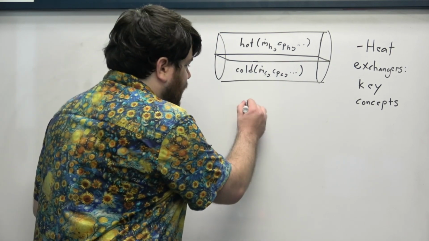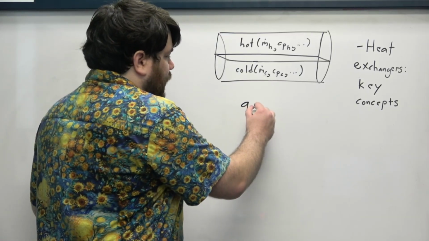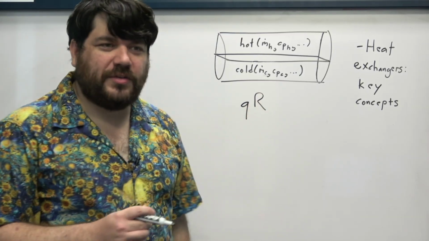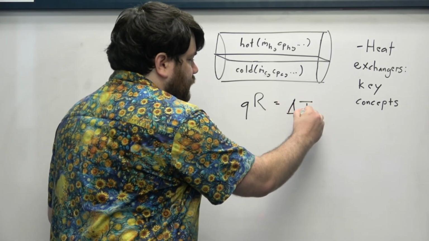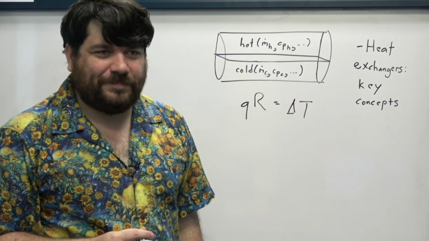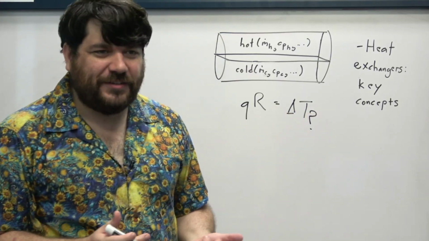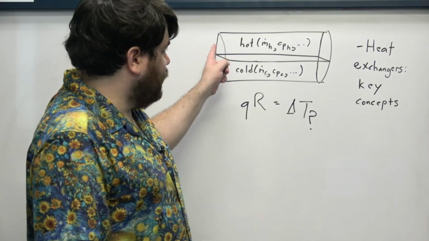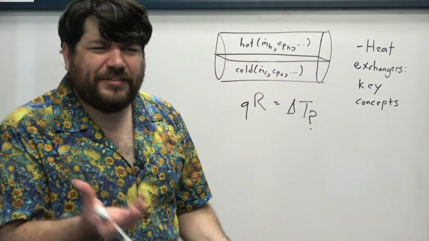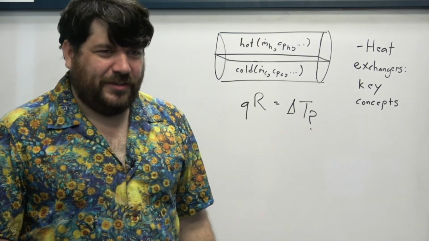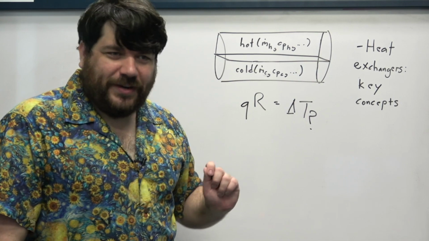That the net heat transfer rate from the hot liquid to the cold liquid times some thermal resistance is equal to a difference in temperatures. Now, this is the tricky part, right? Because since we know that the temperature of the liquid changes from the inlet to the outlet in both cases, there isn't really an obvious delta T that we can use. But I don't want to focus on this for now.